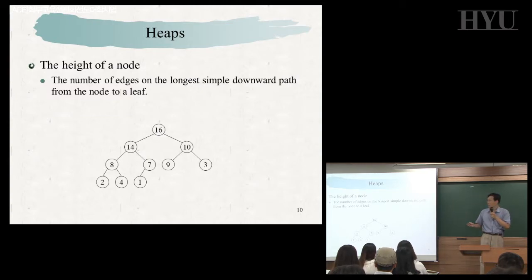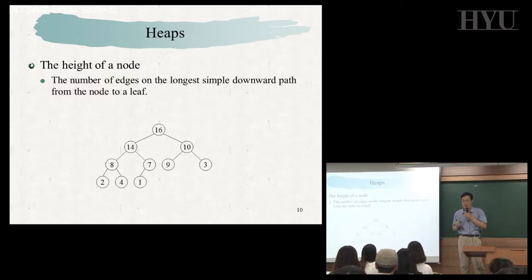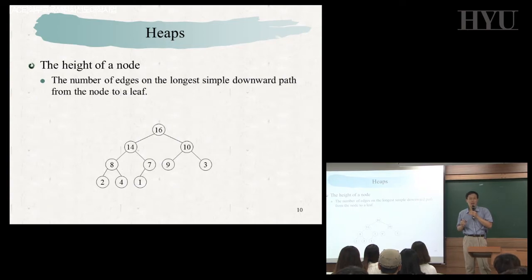And I told you that the shape of this heap is a nearly complete binary tree. So this height is just big O of log n, because it is a nearly complete binary tree.